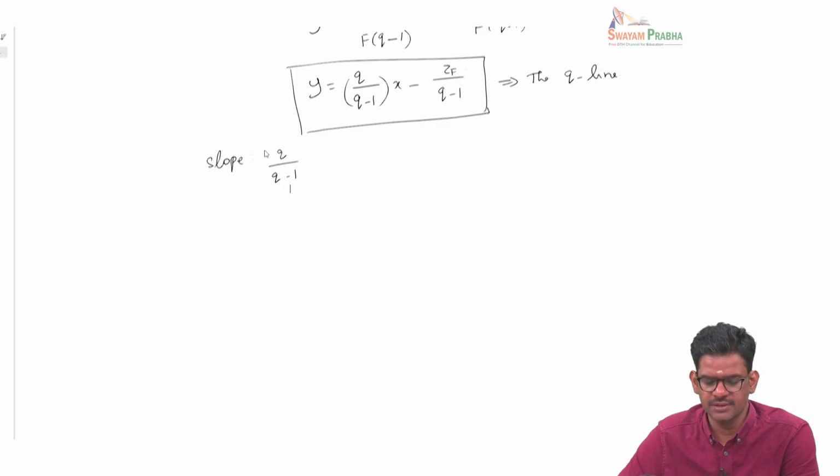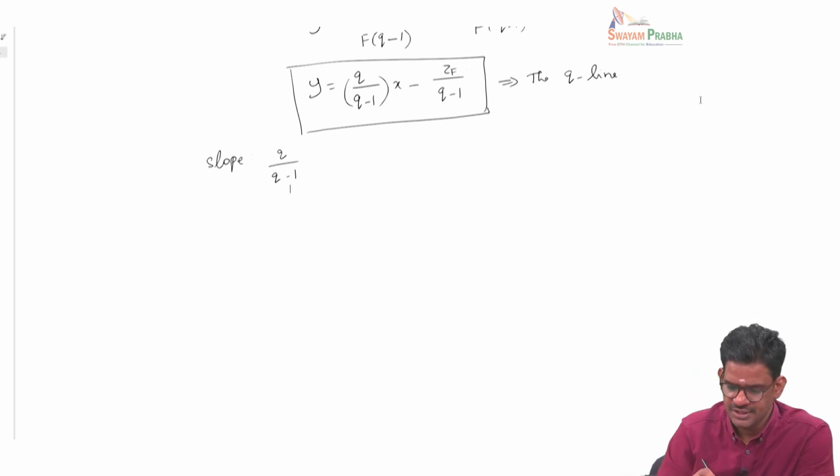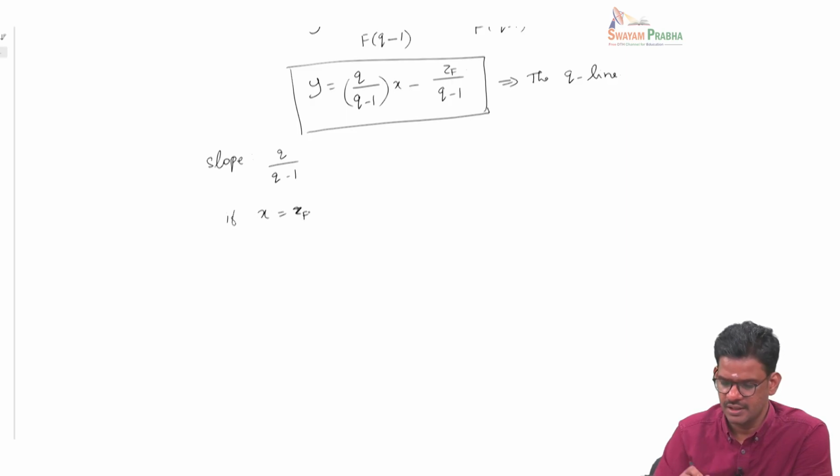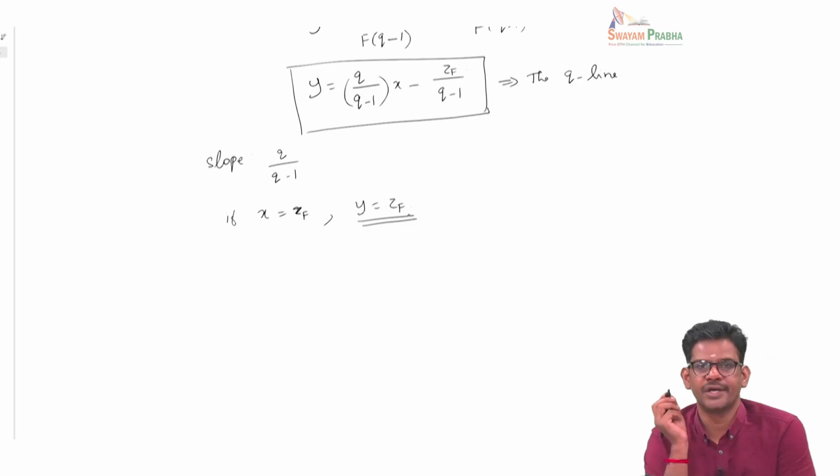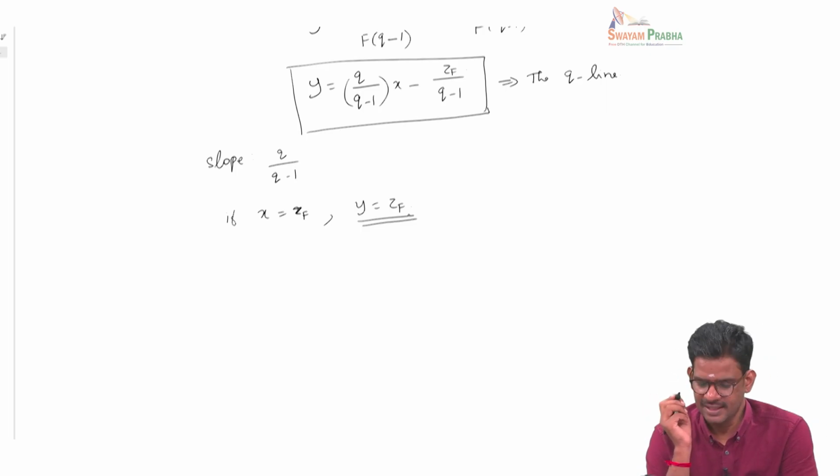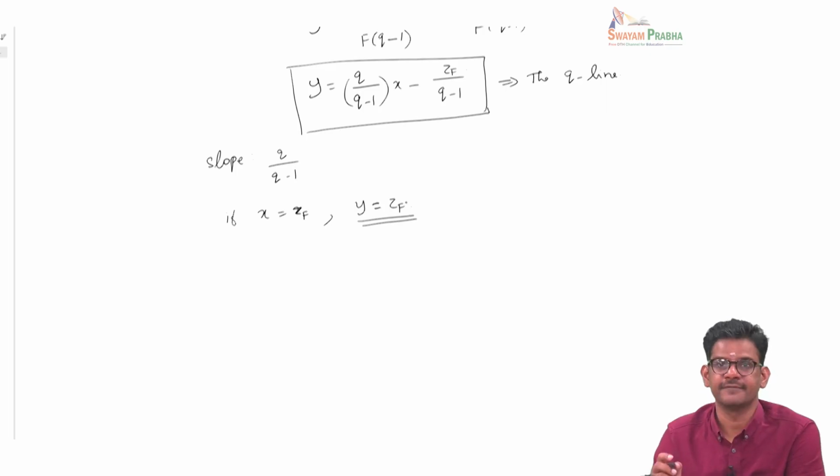So once we know the q value, we can find the slope of this line, and then this q line can be shown. You can also see that if we substitute X is equal to ZF, from this equation we see that Y is equal to ZF, meaning the q line will intersect the 45-degree line at ZF.